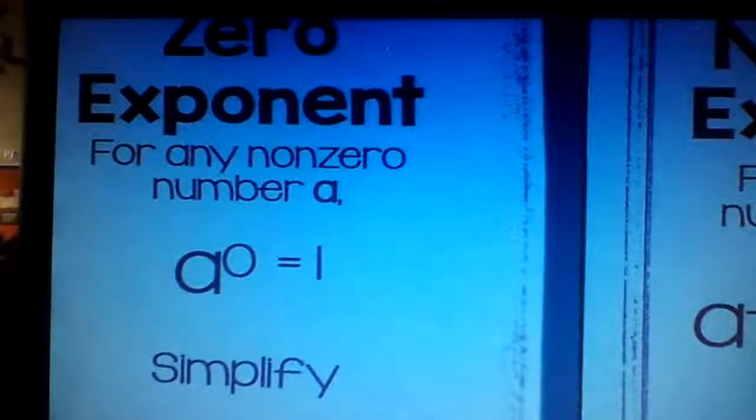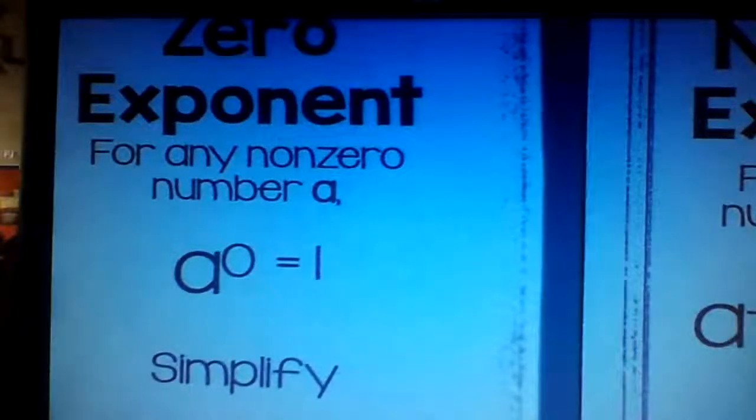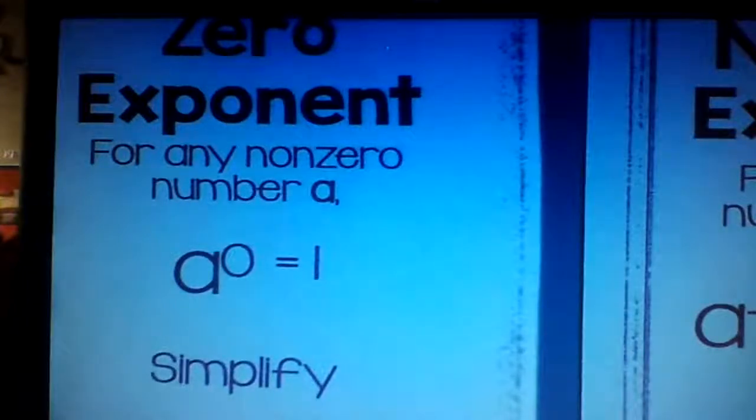All right, 0 exponents. Your rule for 0 exponents: I can take anything I want and raise it to the 0 power. When I do that, my answer is 1 every time.